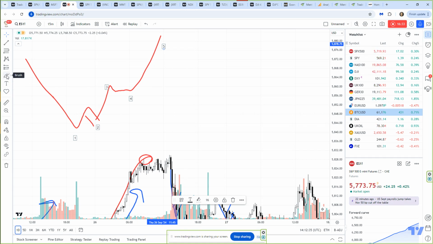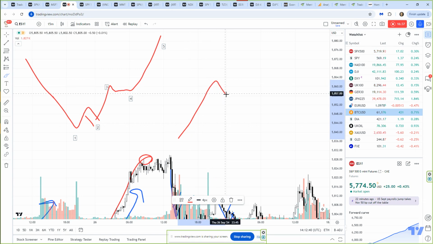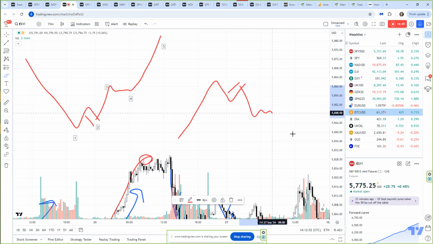Now, the opposite for the bullish is it comes up, pulls back, flags, and I'll draw this in. There we go. And then potentially breaks down, consolidates, and then breaks down into the ultimate low.